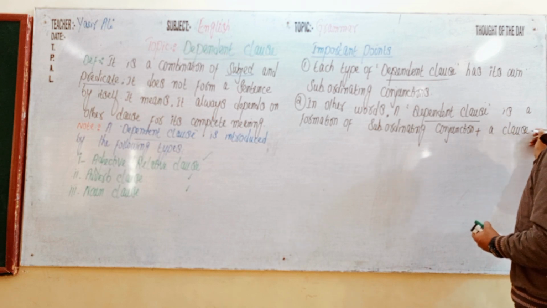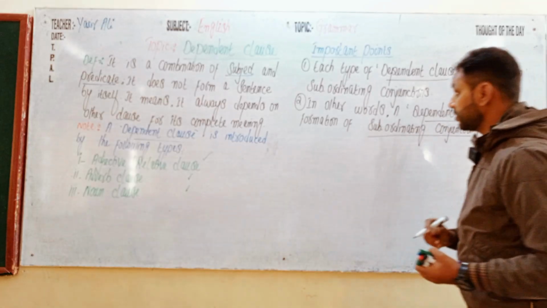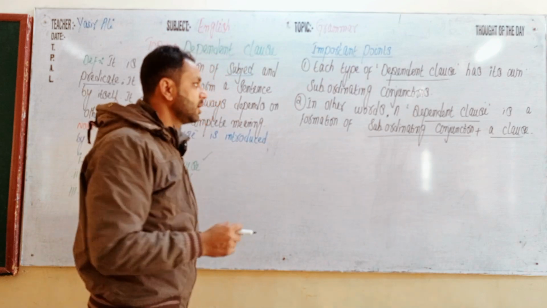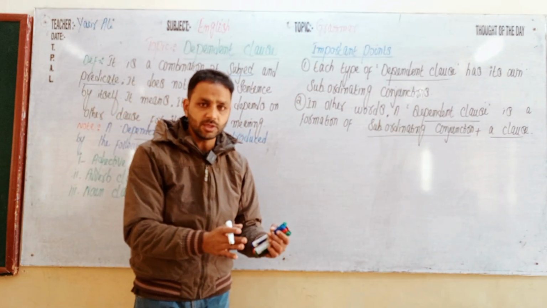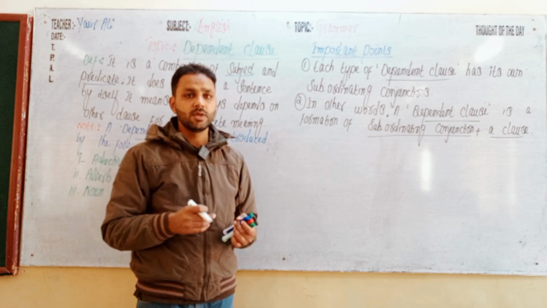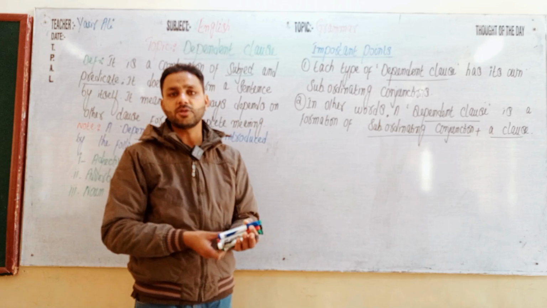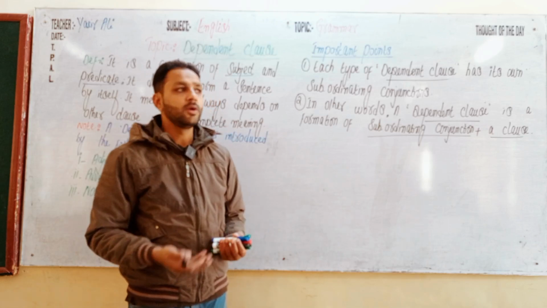So when these two things are combined, we will definitely face a dependent clause. Now, the question arises here, if somebody is not having knowledge about a subordinating conjunction or types of conjunctions, even then it will be a bit difficult for that person to know the basic information of dependent clause.